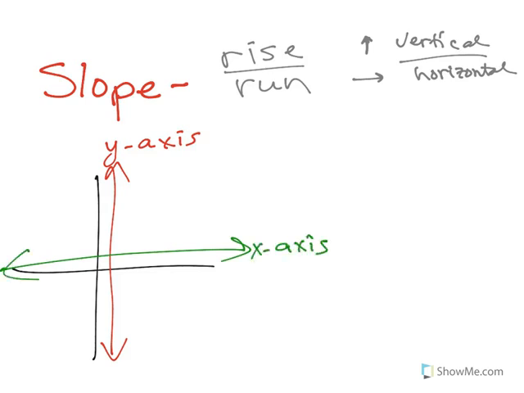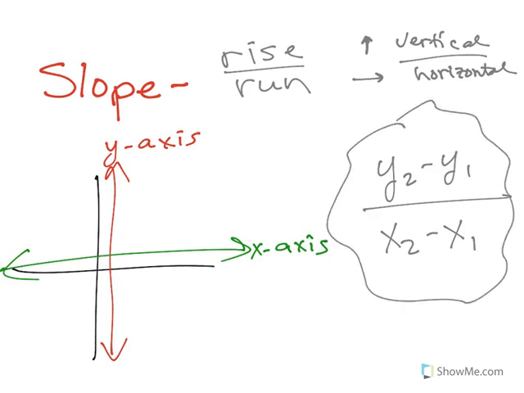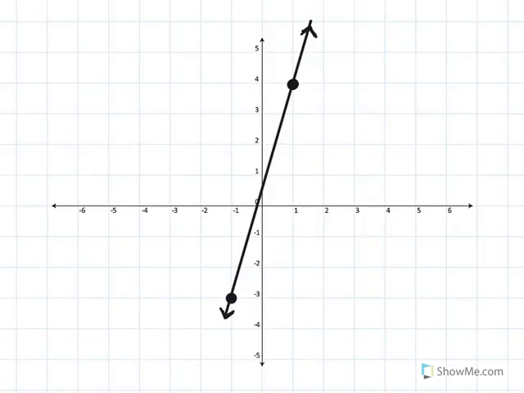So when I think of vertical change in the numerator, vertical change is the difference between the y values, because change means difference, whereas change in a horizontal would be the difference between the x values. This is the idea, okay? So this is usually our mathematical formula, y2 minus y1 over x2 minus x1, but we can also think about just the difference between a vertical change over horizontal.